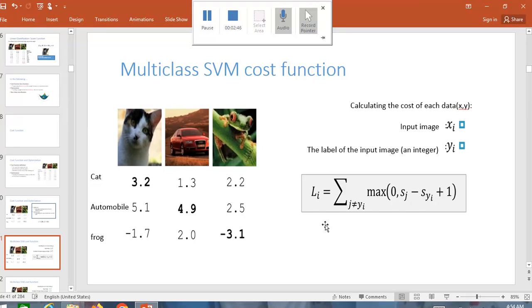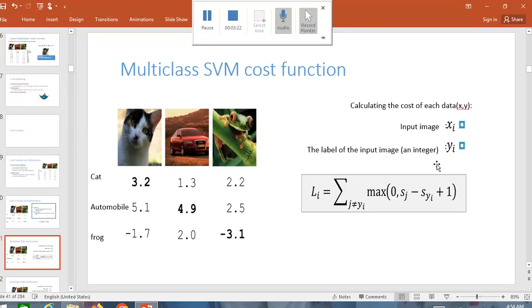So the ith data is this couple of xi and yi. Yi is a number. It is either 0 or 1 or 2 because we have three classes here. Yi represents the ith data class. We calculate the value of the cost function, which is the loss here, and we can call it a loss function too, for data i.